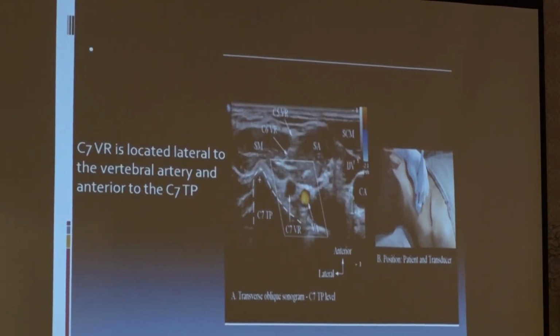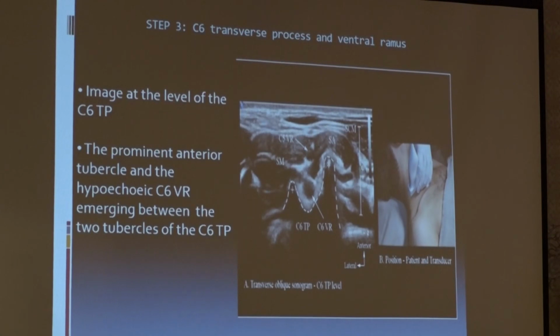We can use our color Doppler to identify the vertebral artery. The C7 ventral ramus is located lateral to the vertebral artery and anterior to the C7 transverse process. Then we slide our transducer cranially to identify the C6 transverse process and ventral ramus.